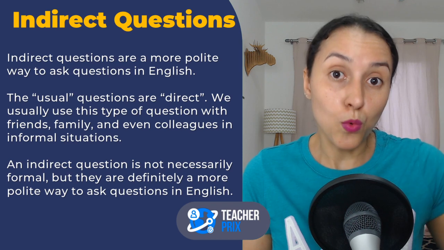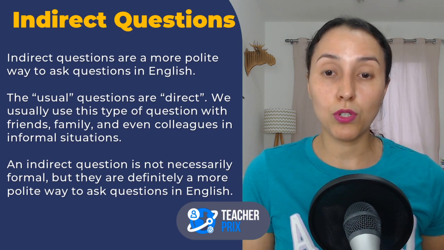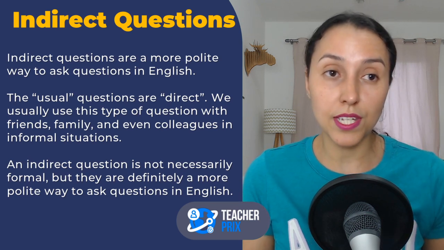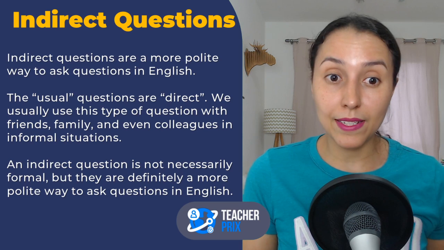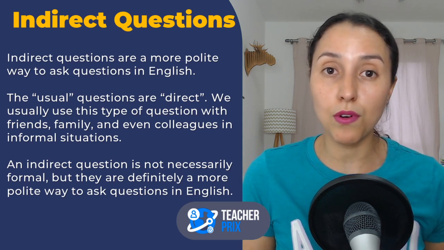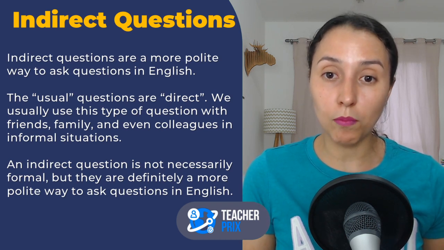Basically, in a direct question, I use auxiliary verbs. I don't conjugate the verbs if it's simple present with he, she, it, or simple past. I have a specific position: I have the auxiliary verb, then the subject and the verb and the complement.